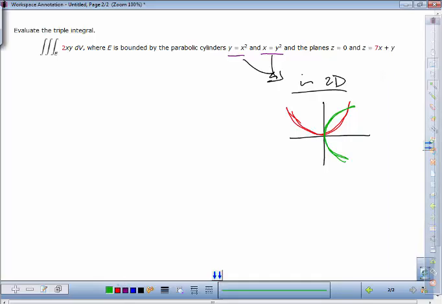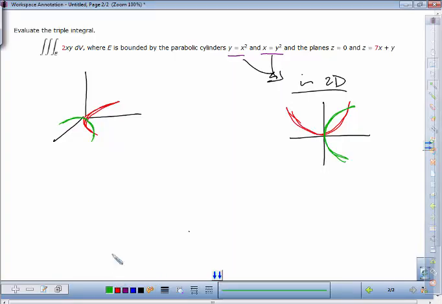So I'm going to try to draw this now in 3 dimensions. And let's see, we have the parabola opening up along the y-axis on the xy plane, with a little bit of a slant there, and a parabola opening up along the x-axis. And then these are cylinders, which means they go up and down.